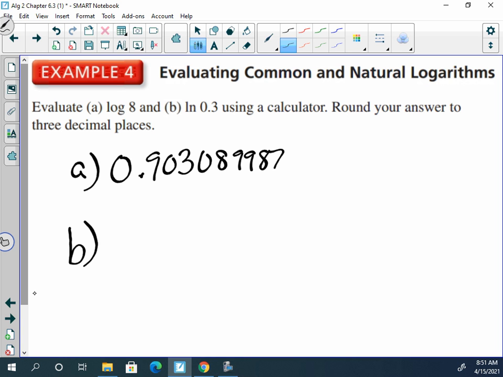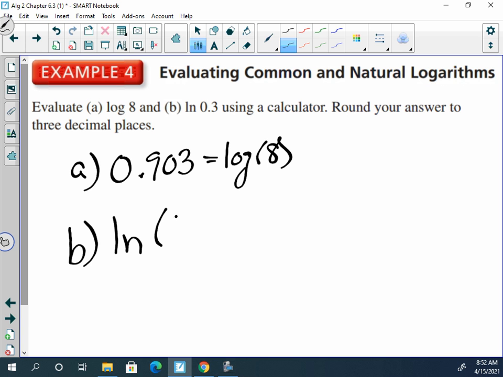Since it wants 3 decimal places, and the 4th place is a 0, we would use 0.903. And this would be what log of 8 is equal to.